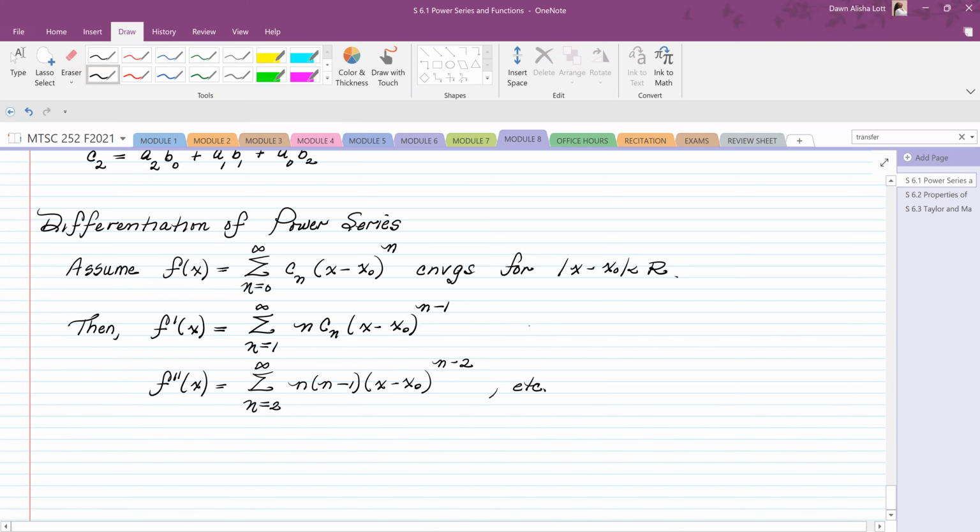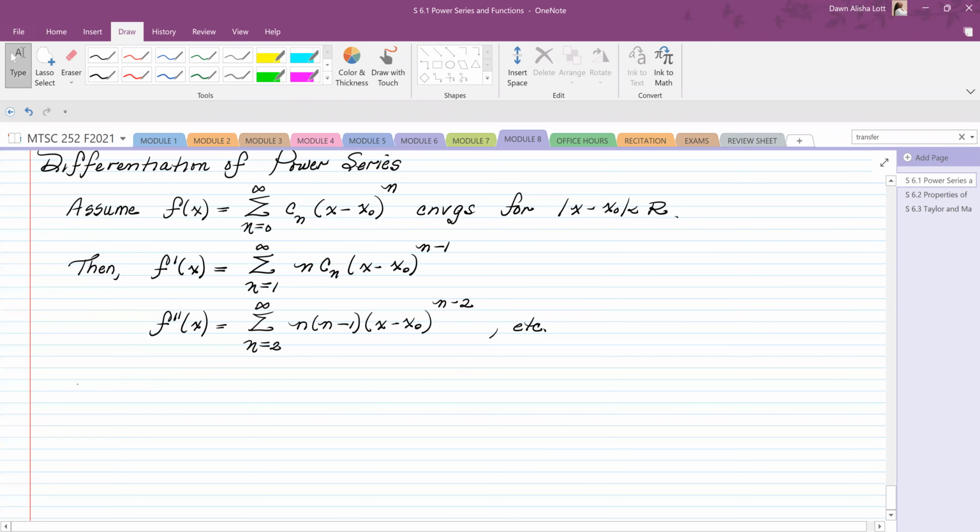So remember, we found that f of x equal to 1 over 1 minus x was the sum n equal 0 to infinity of x to the n.